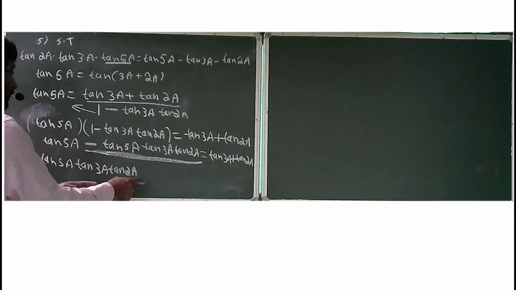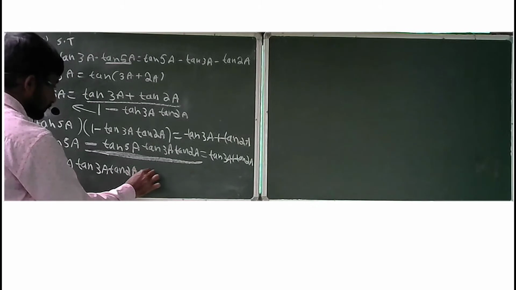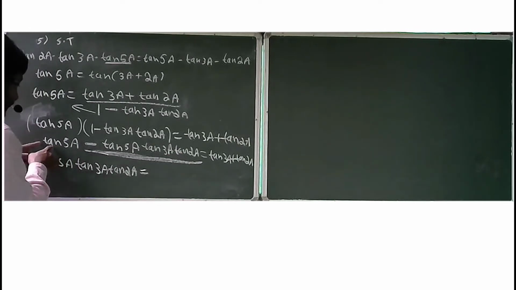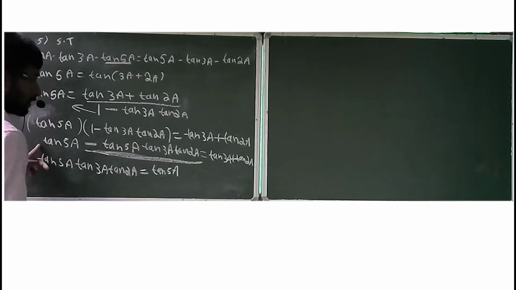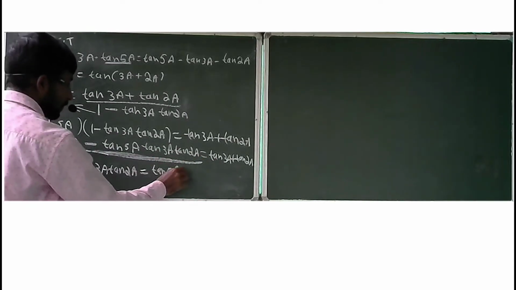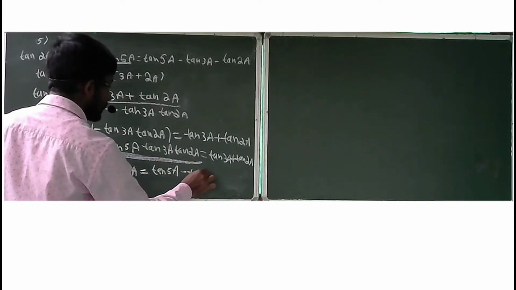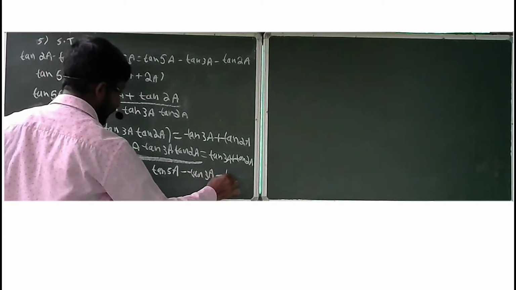So the minus will become plus: tan 5a, tan 3a, tan 2a equal to, now see, tan 5a is already in the LHS. What's the remaining sum? You need to shift tan 3a to the LHS. Plus tan 3a will become minus tan 3a, plus tan 2a will become minus tan 2a.